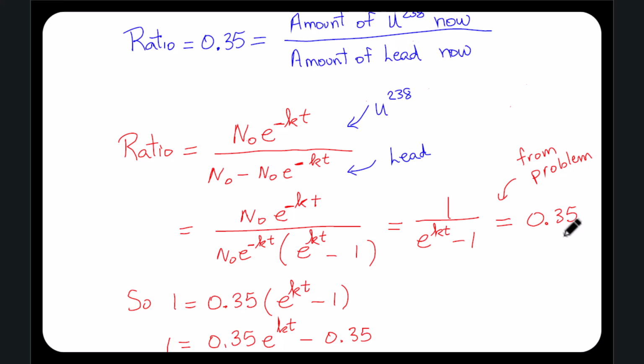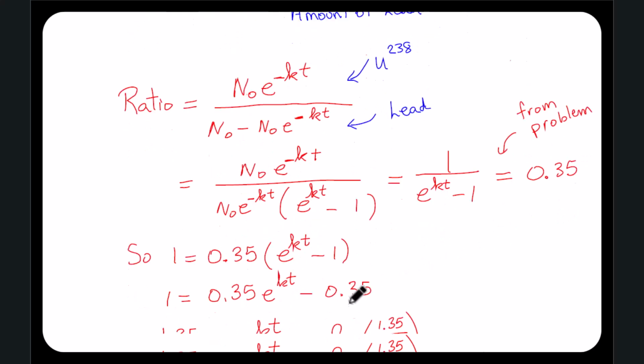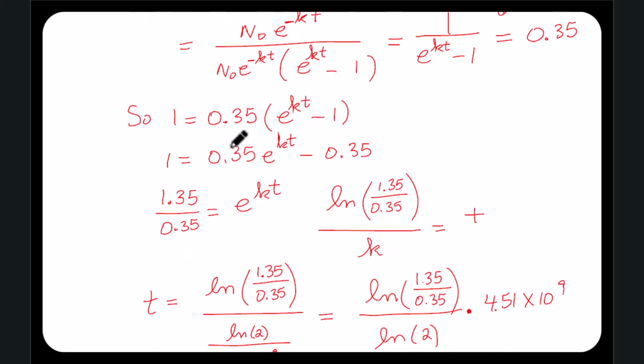So I want to get my hands here on the time. Alright, so I start manipulating this item until I finally get down to bringing the 0.35 to the left, dividing by 0.35, and I know that's e to the kt. Alright, so if I take the natural log of both sides and then divide by k, I get the amount of time when that ratio of 0.35 is true.